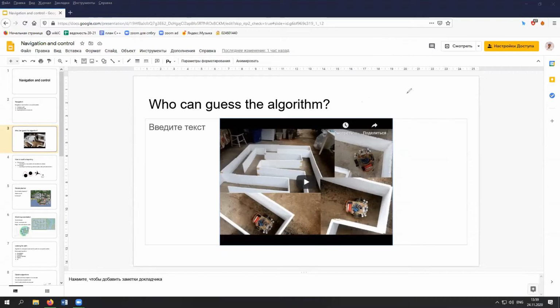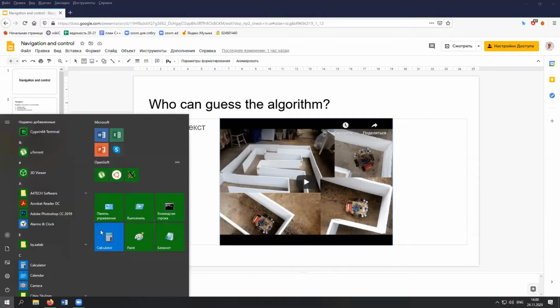For any structure of the maze, there is an interesting law. For most mazes, moving along the right wall will always bring us to the exit.